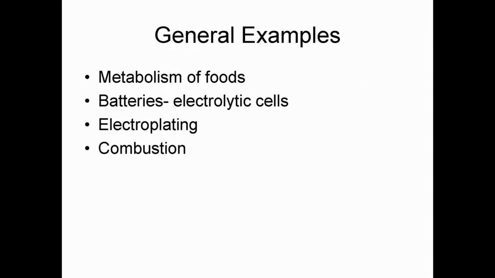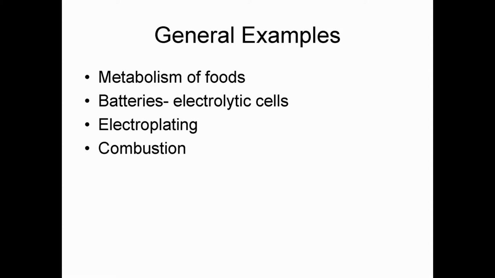So some general examples of redox reactions are metabolism of foods; the breakdown of proteins, carbohydrates, and fats will yield redox reactions. The most common and probably the most tangible example of redox reactions occurs in batteries, which is our layman's term for electrolytic cells.